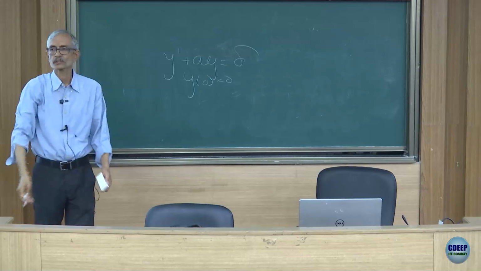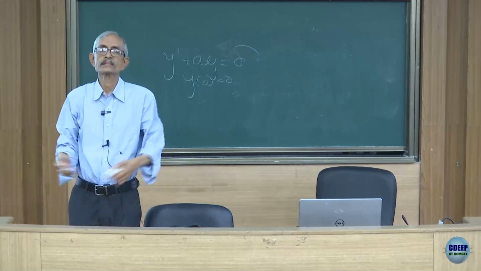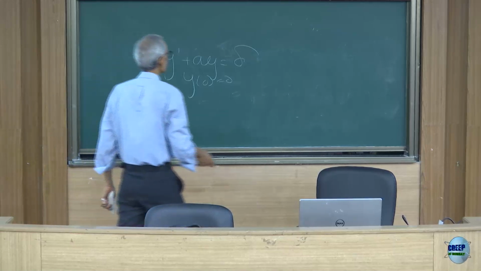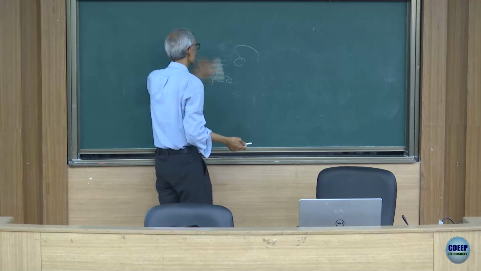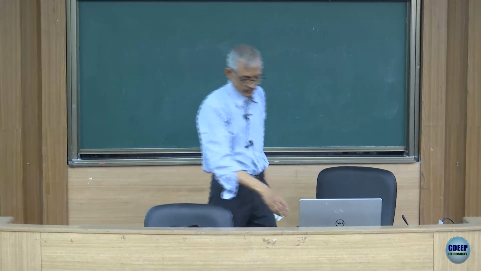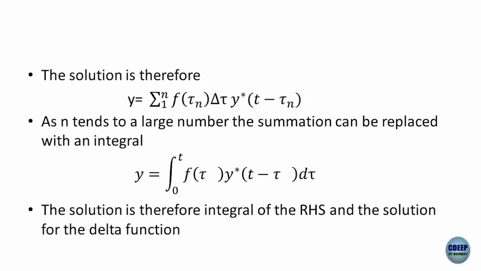Each of these guys looks like that, right? So all that I need to do is sum up each of these guys. You take the sum of these guys and you have the solution that you are looking for. So the sum of these solutions is going to be just simply the summation of that.